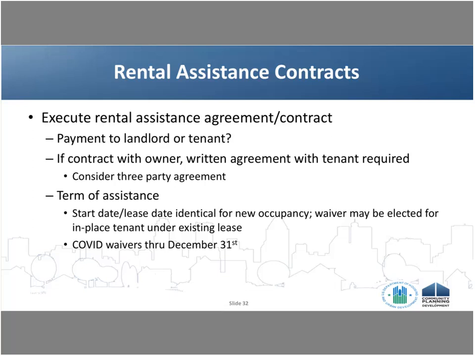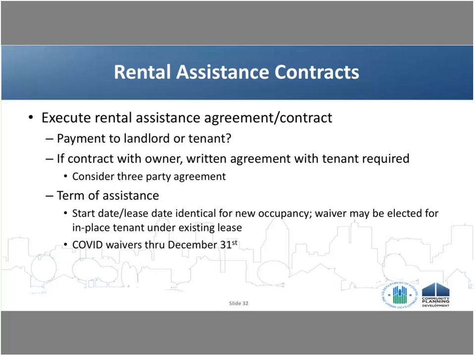The term of the contract should cover the months of assistance, which can go to, as we've talked, December 31st of this year. Under the regular HOME rules, the start date should be the same as the lease date, and that remains in place as a requirement for new occupancy. However, HUD has provided a waiver for in-place tenants under an existing lease that may have different starting and end dates than the rental assistance contract.